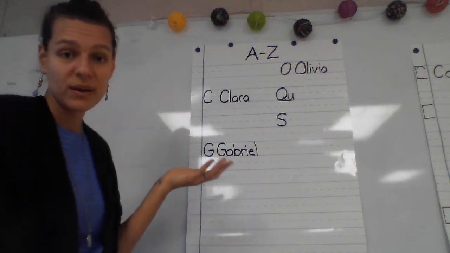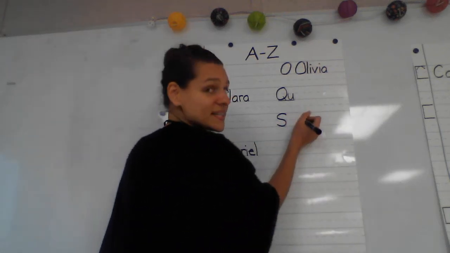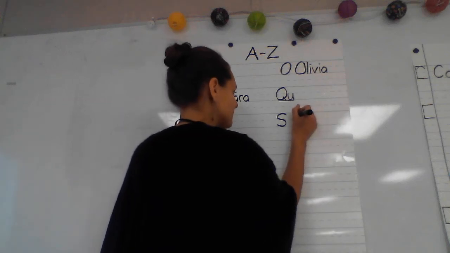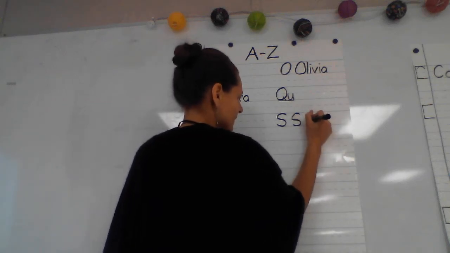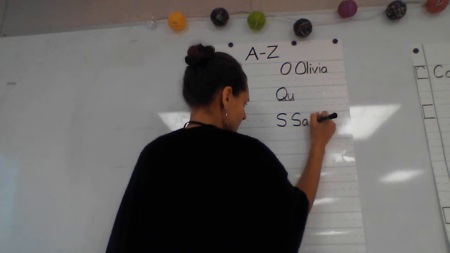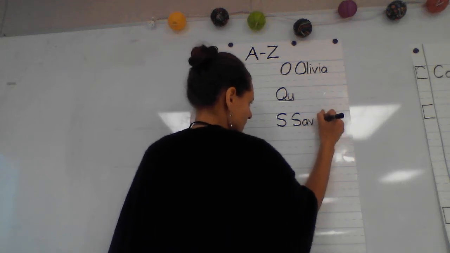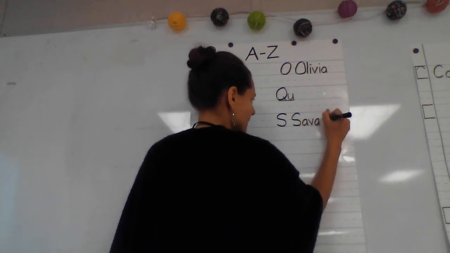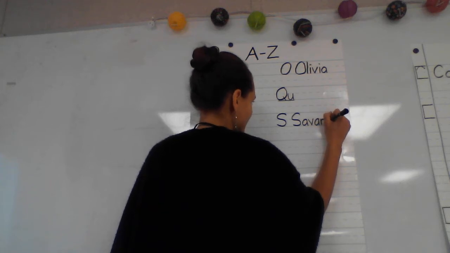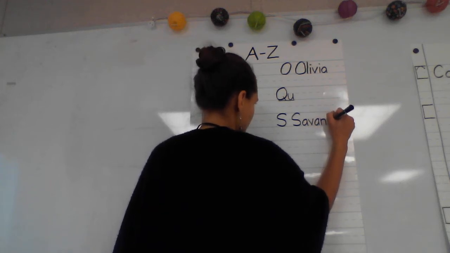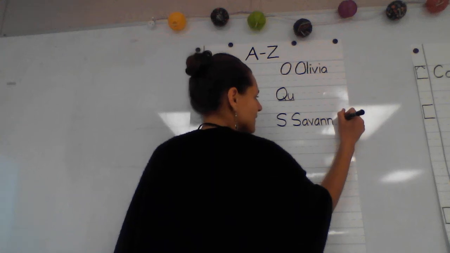And so anytime we write her name, we would make sure we started it with a capital letter. Anytime we're writing someone's name, we always start it with a capital letter.